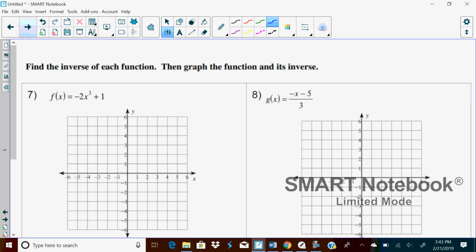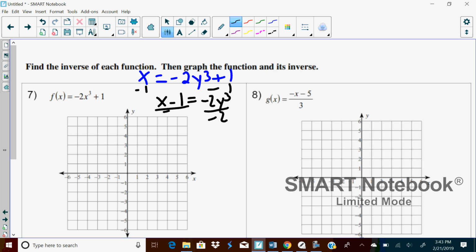For problems 7 and 8, I'm going to find the inverse of each function and then graph the function and its inverse. So I did it algebraically. I replaced just like in the above problems. X would equal negative 2y cubed plus 1. I subtracted 1 from both sides. Divided both sides by negative 2. Then I took the cube root.